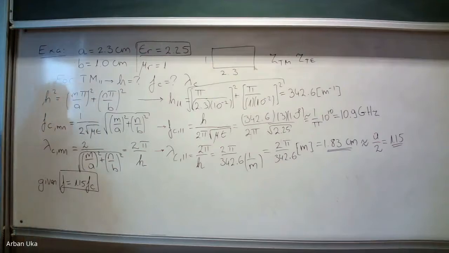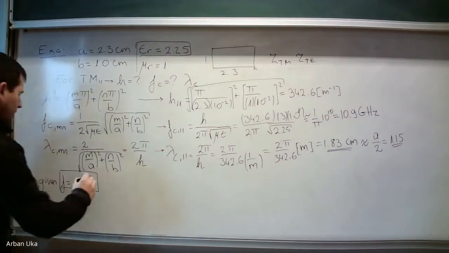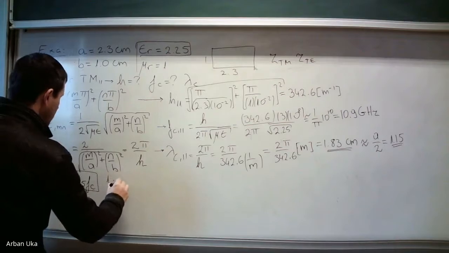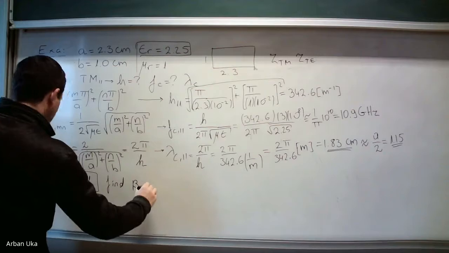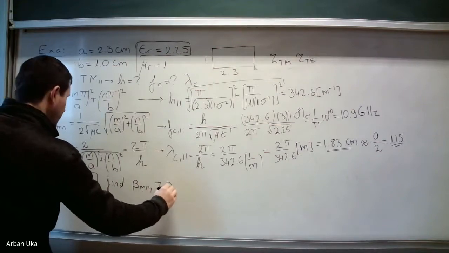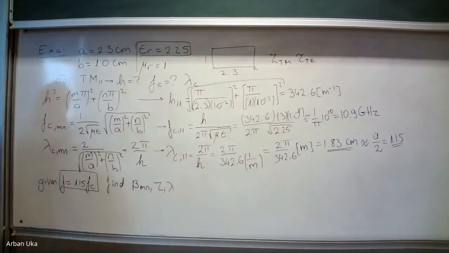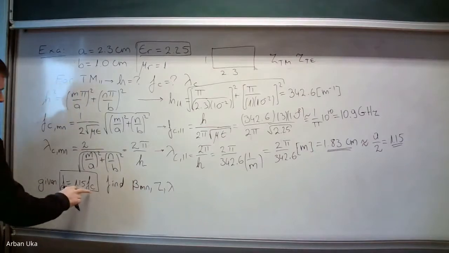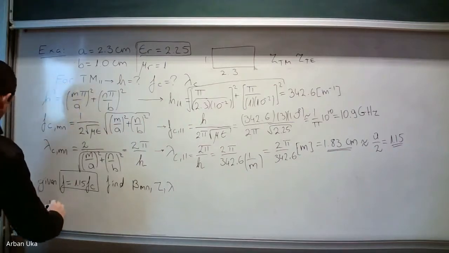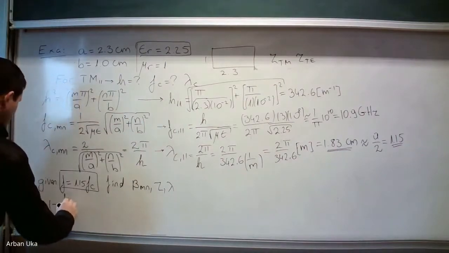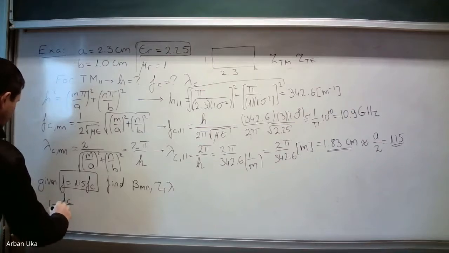Then we will be asked to find beta mn, find Z, find lambda. We need to find all of these quantities. But the moment we are given this frequency, it is important to immediately figure out this term: 1 minus cutoff frequency over the frequency, squared, square root.